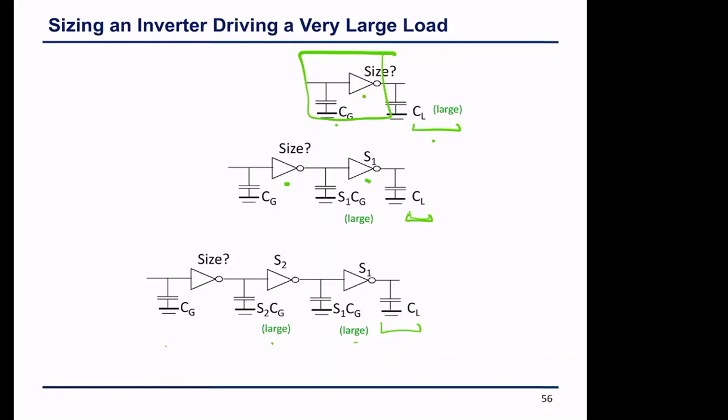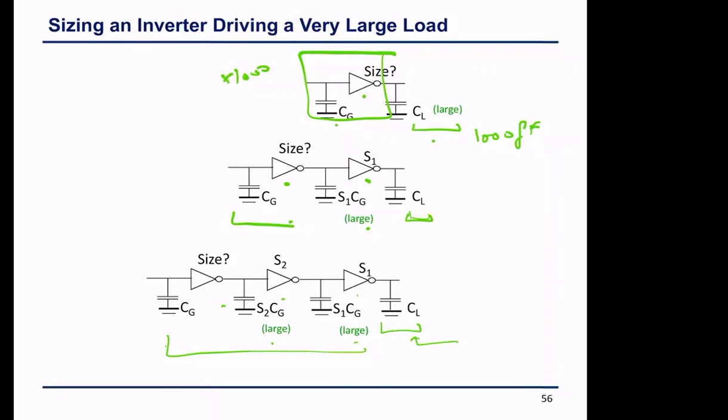Now, what if I have 2 of them, or if I have 3 of them? Do I really need to have a very big times 10 inverter? Maybe not. Maybe as I'm putting a chain, I can have the size gradually increase to handle this very big capacitance. Suppose this is 1000; maybe I have to multiply this by 1000.